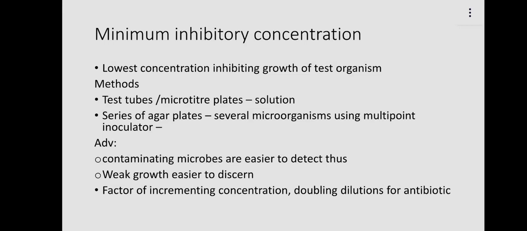The minimum inhibitory concentration is an absolute value. So it is reported as a certain concentration, maybe in milligrams or units per ml. So there is no relativity, like in other cases where we have the value being obtained relative to maybe another standard.